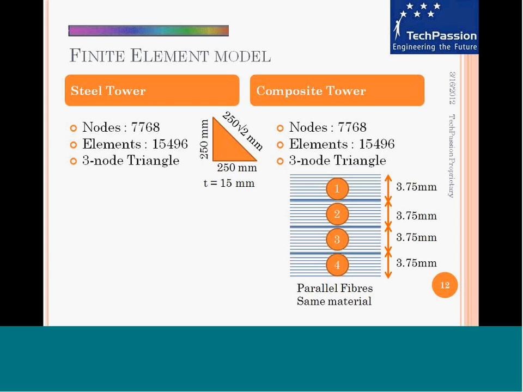An additional level of detail in the composite tower, we are using 4 layers here, but the layers are all parallel, consisting of fibers laid in parallel, and they are all the same material. So we split this 15 millimeters into 4 layers of equal dimension. So each layer is 3.75 millimeters in thickness.